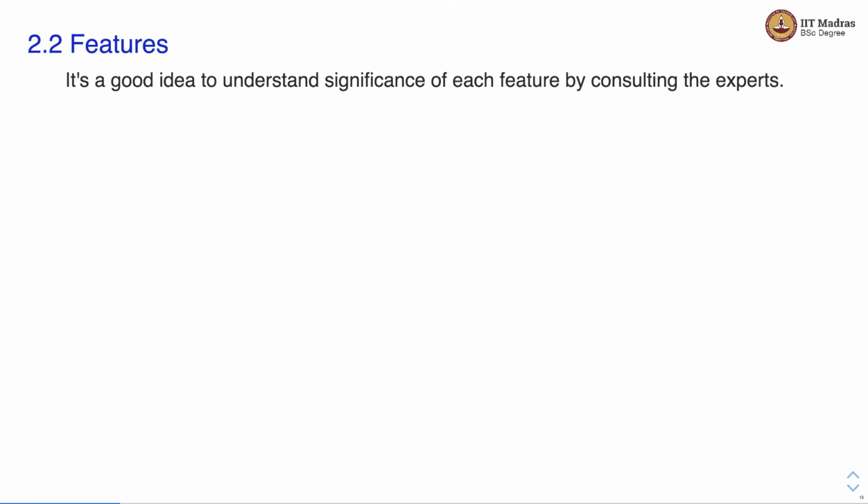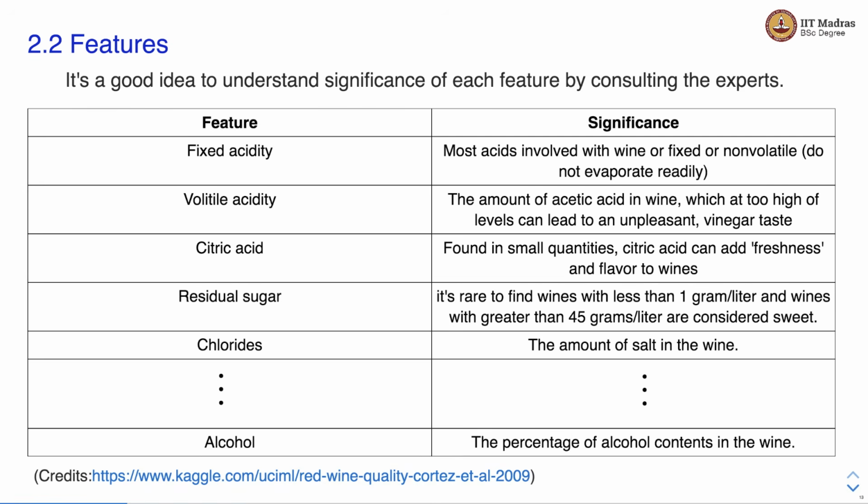Once we have the data, it's a good idea to understand the significance of each feature by consulting the experts. In this case, we have 11 features. The first feature is fixed acidity. The significance of this feature is that it captures that most acids involved with the wine are fixed or non-volatile.